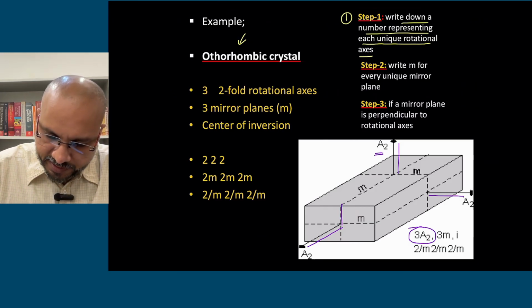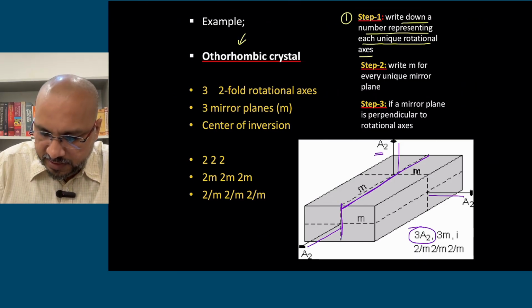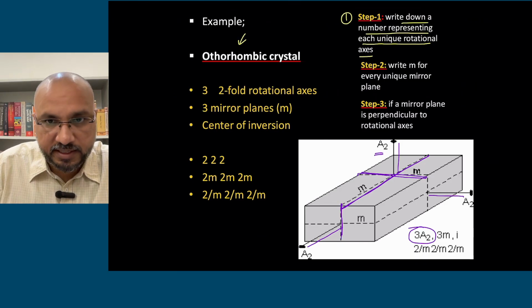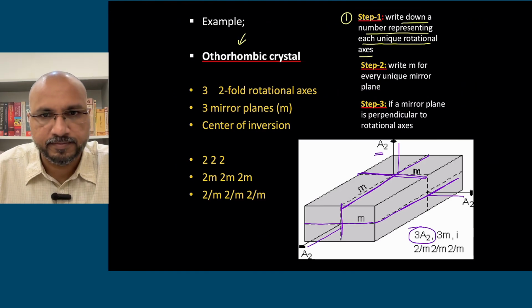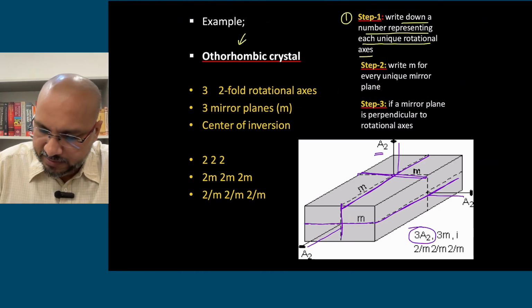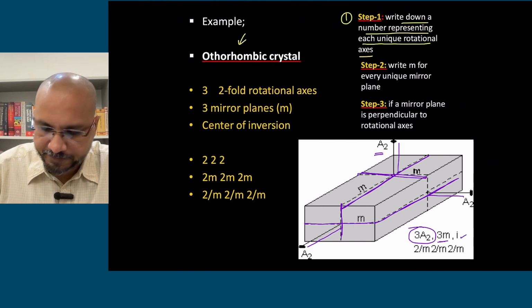So one mirror plane is this one, which is vertical. This is another mirror plane that is also vertical, and this is the third mirror plane that is horizontal, right? So you have 3 mirror planes, 3m, and one inversion, center of inversion, right?